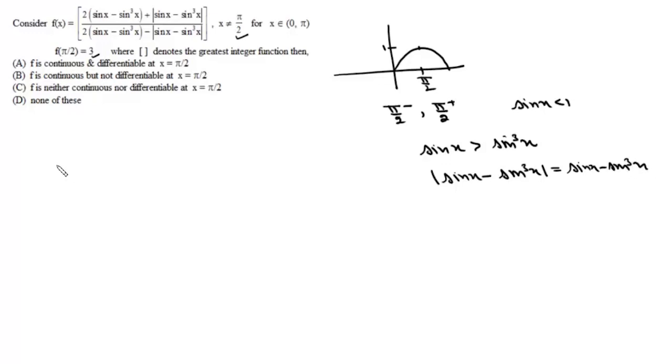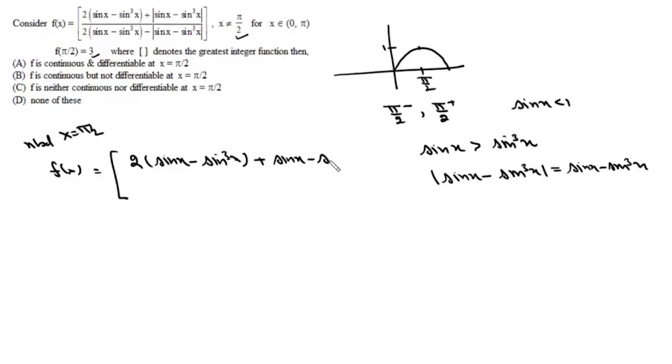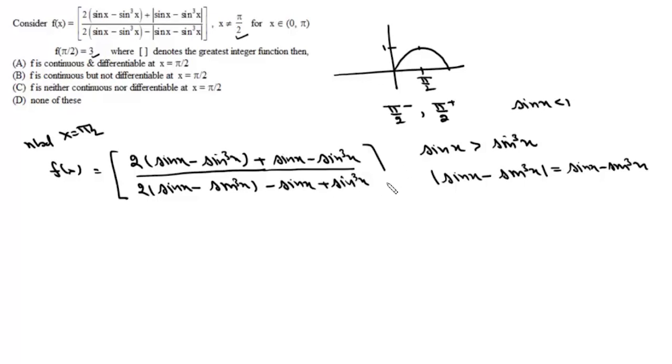So we get this function f(x) in the neighborhood of x equal to pi by 2 as the greatest integer function of 2 sin x minus sin cube x plus sin x minus sin cube x upon, and this is 2 sin x minus sin cube x, and then minus sin x plus sin cube x.